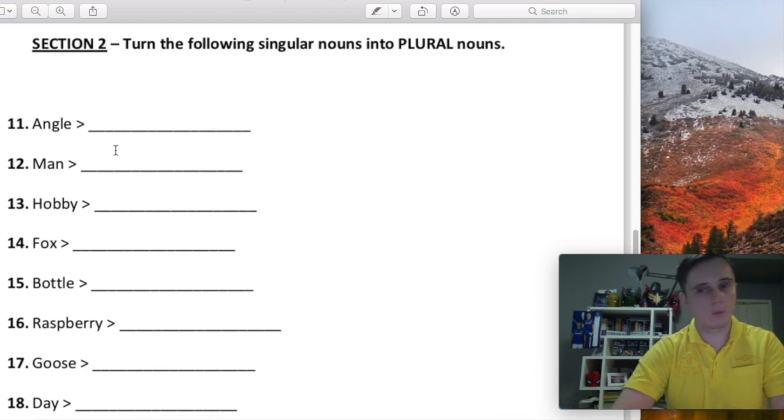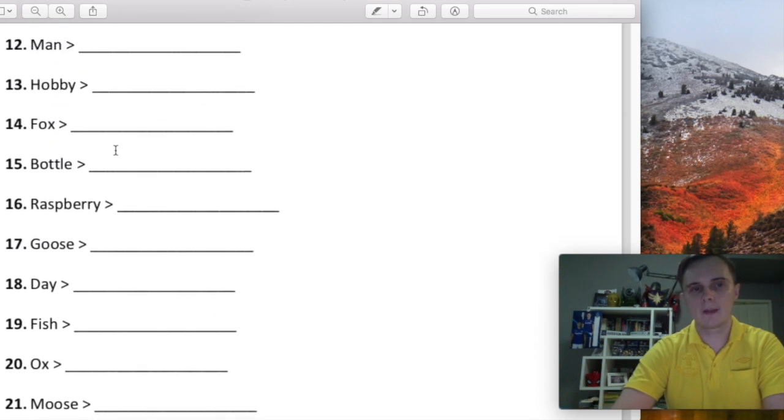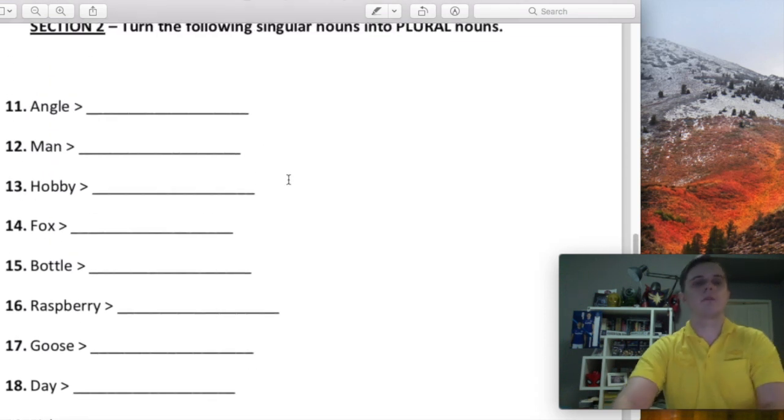Do you change a y to an I and add es? Is it irregular? You need to figure that out for yourself. So 11 to 25, there are 15 nouns. You need to use the rules that we've learned, look at the nouns carefully, and decide how to make them plural.